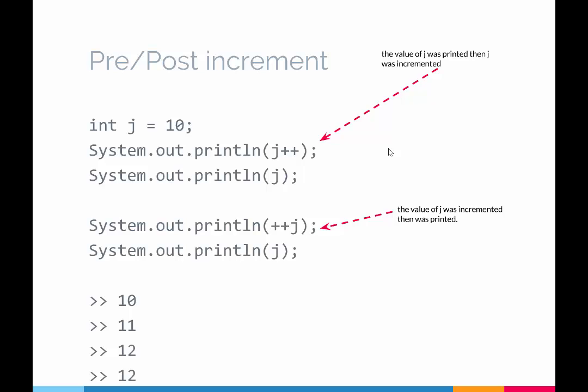Use the value first in this expression or statement, then increment, which is why this 10 gets put in here, and then after that, j becomes 11. On this one, it says increment first, then use the value j. So 10 got put in there, now j is 11. Here we're going to increment j, j is going to become 12. We're going to print out j, which is 12, and we're going to print out 12 again. Use first, then increment; increment first, then use.